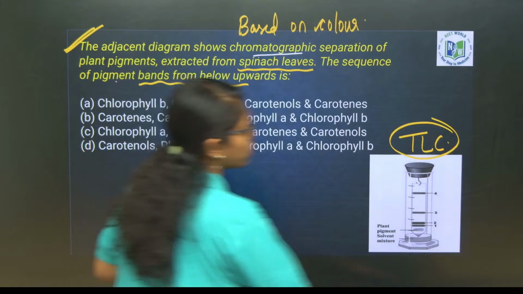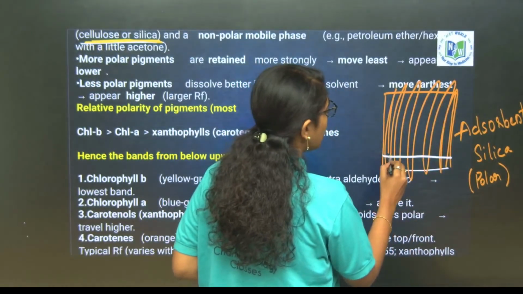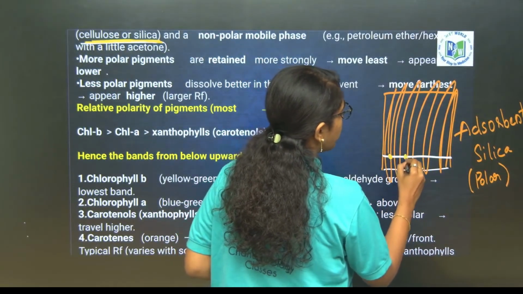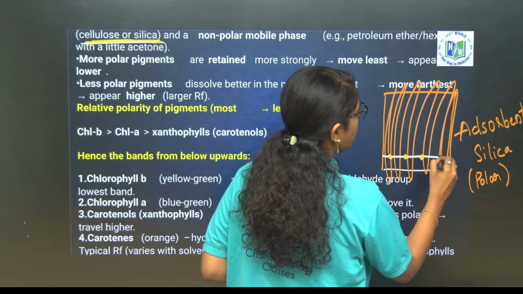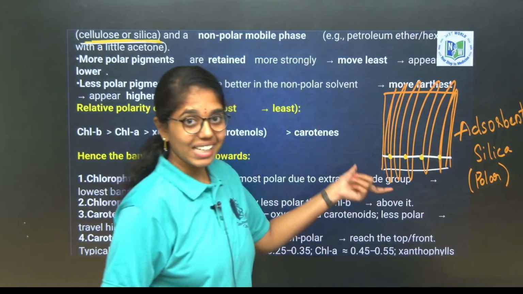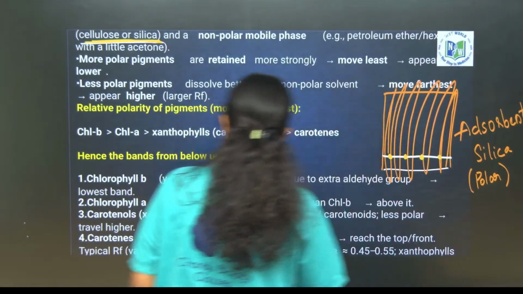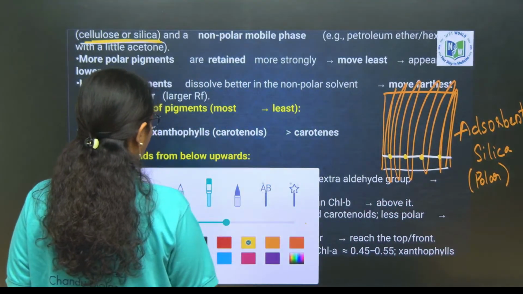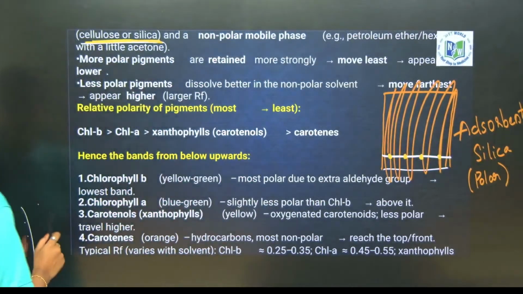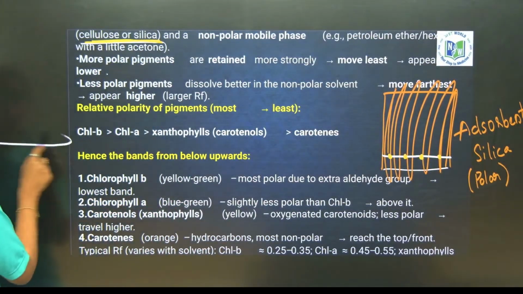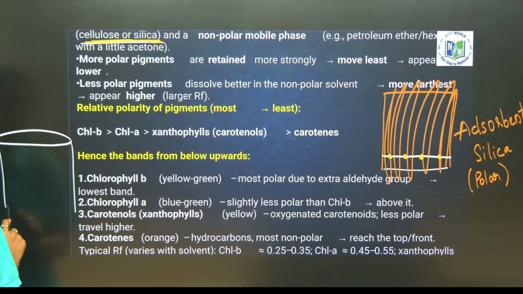All the pigments will be spotted individually on this silica plate, and this plate is kept in a beaker containing a mobile solvent.